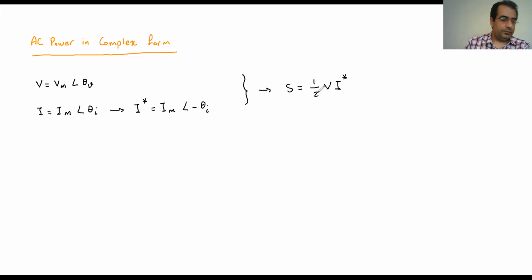If we substitute these two here and do the calculation, you will get the value. So we have the V in the complex format, the I star in the complex format, and then it is going to be the S, and this is equal to the P average plus jQ.